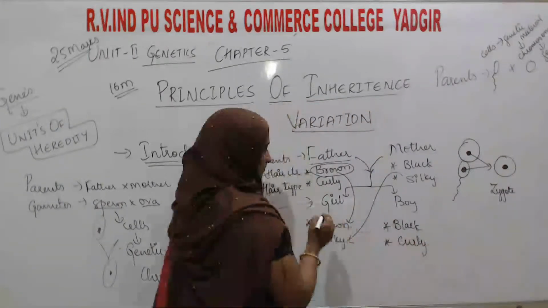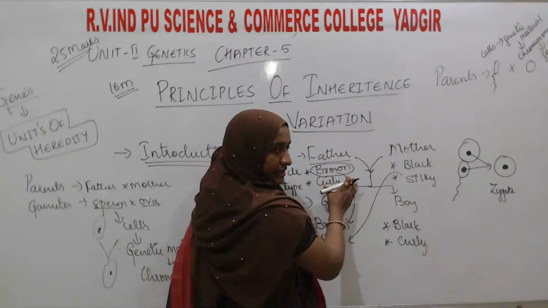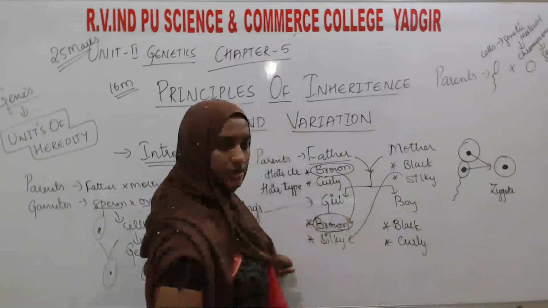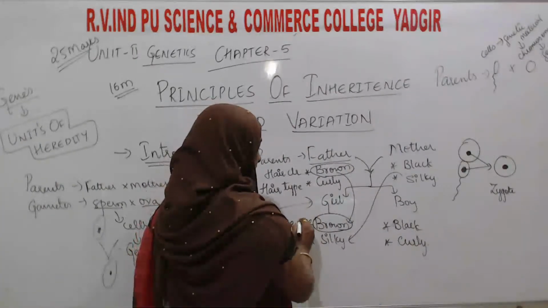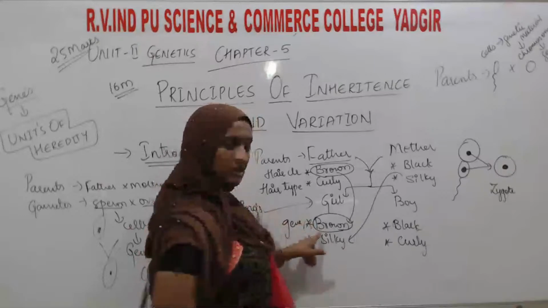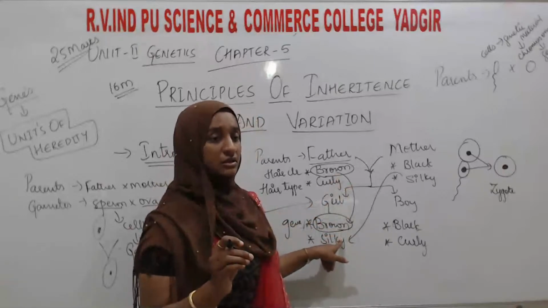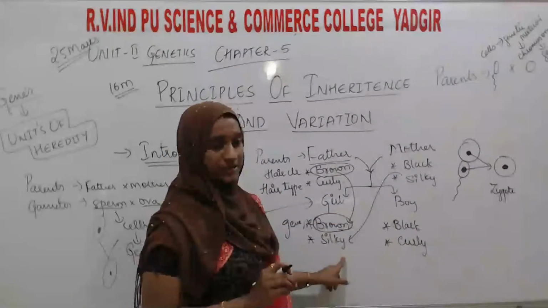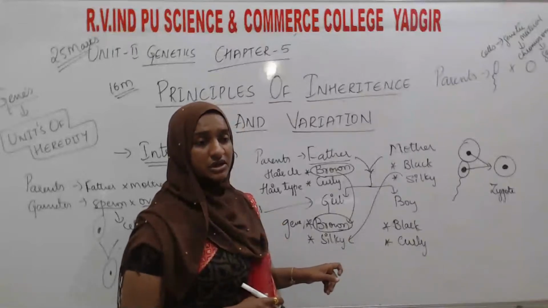So here you see, the father's character is brown color, which you can see in the girl child. This character, or the gene responsible for brown color hair, is coming from the father, and the gene responsible for silky type of hair is coming from the mother, because they have undergone a process of sexual reproduction.